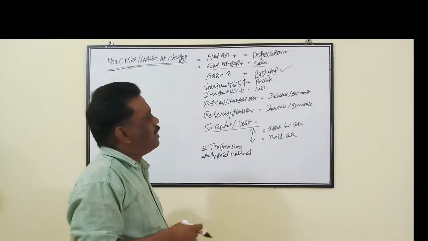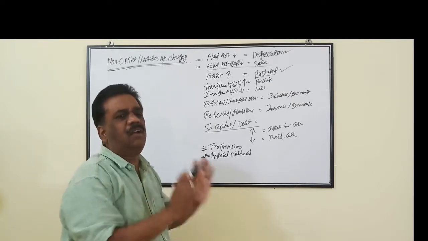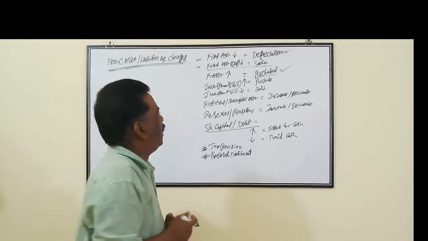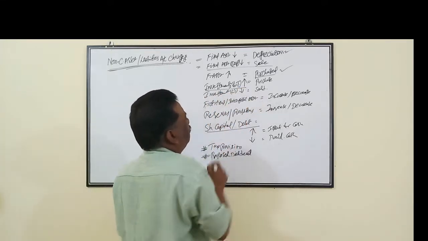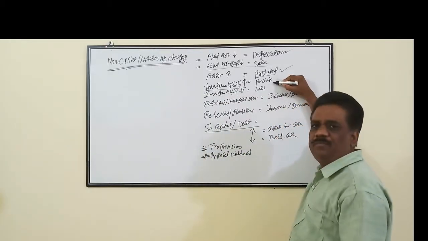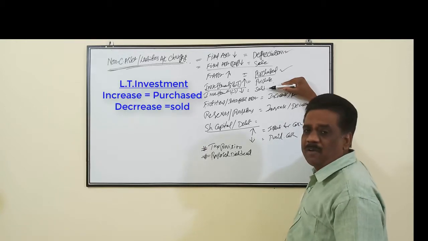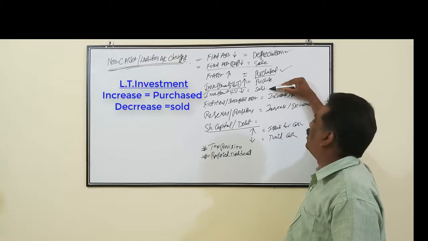Then, investments, long-term investments, are mostly considered a non-current asset. If there is any increase in long-term investments, it is purchased, whereas any decrease in non-current long-term investments, it is sold for cash.